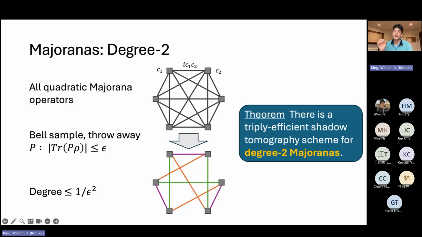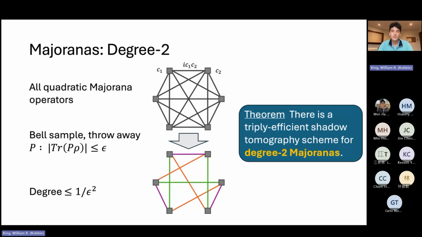And the reason is this anti-commuting bound. If I have the Majorana operators which all touch the same vertex, this forms a mutually anti-commuting set of operators. So this bound tells us that we cannot have more than 1 over epsilon squared touching the same vertex, which tells us that the degree is small.